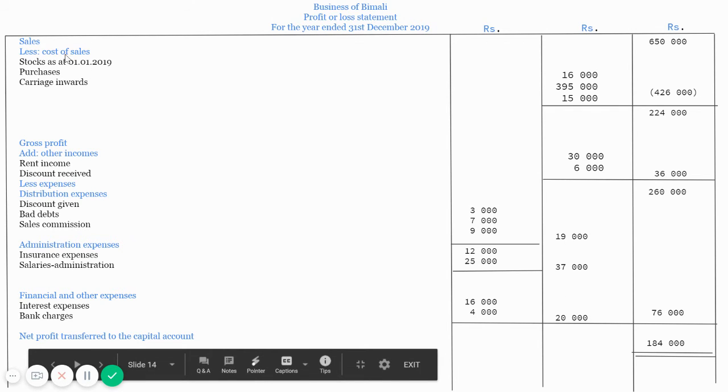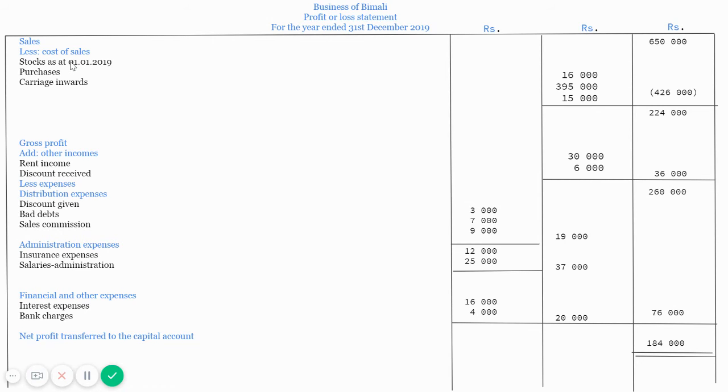Now you have to have a better understanding of where these items should go. When you are calculating cost of sales, we need this opening stock in order to calculate cost of sales. So here, 1st January 2019, the figure will be 16,000, which comes again under the second column. Then you have purchases that also will be listed in the profit or loss statement after opening stock.